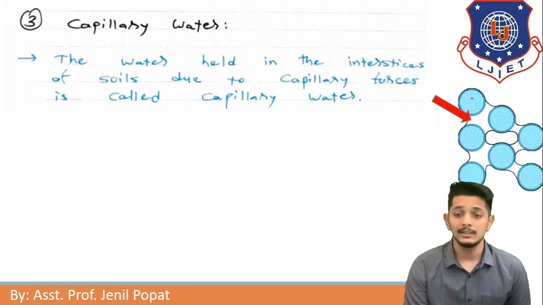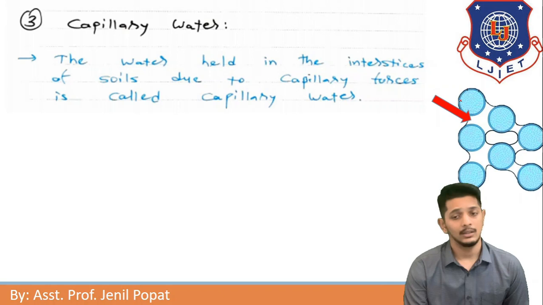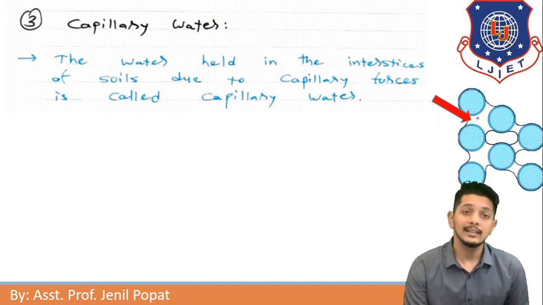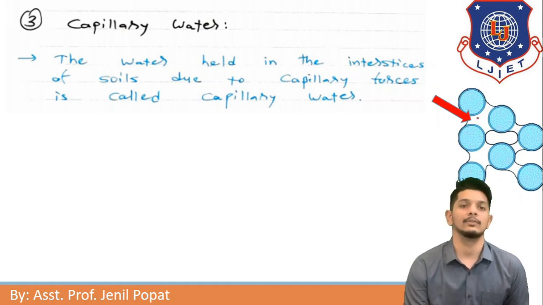In this figure we can see a soil particle here. It is circumferenced by some water, that is structural water. It is in the crystal structure of the soil particle. Then in the periphery you can see a line having water particles, that is adsorbed water, and the red arrow in the interstices shows capillary water.